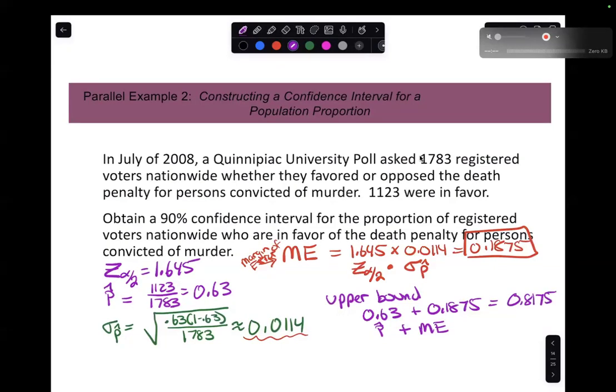That's my upper bound. My lower bound, I feel like I did some math wrong somewhere. We'll find out in a minute. 0.63 minus 0.1875.